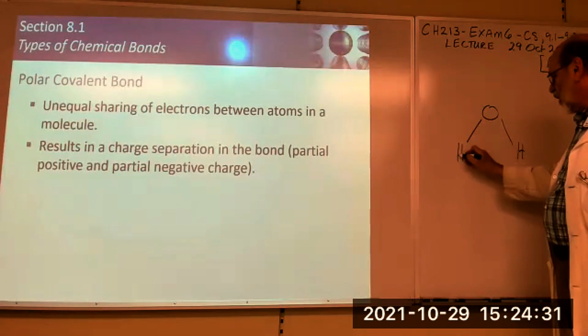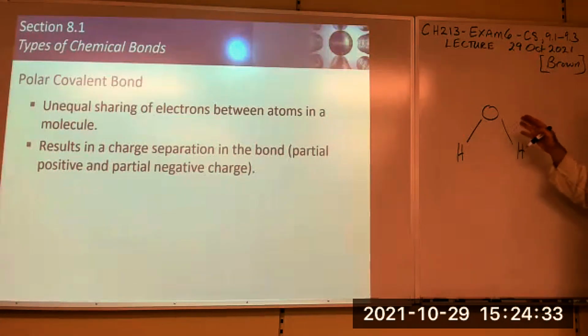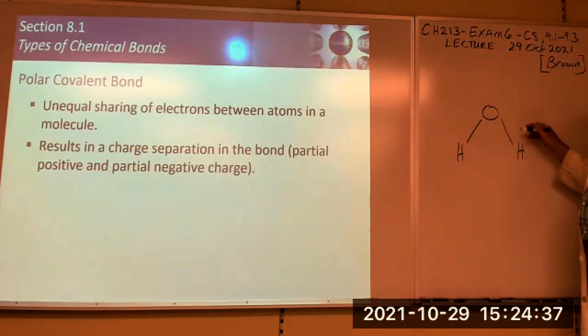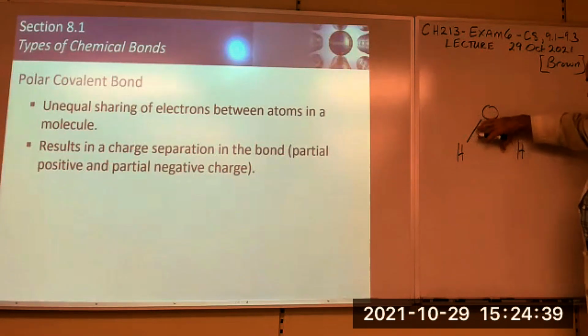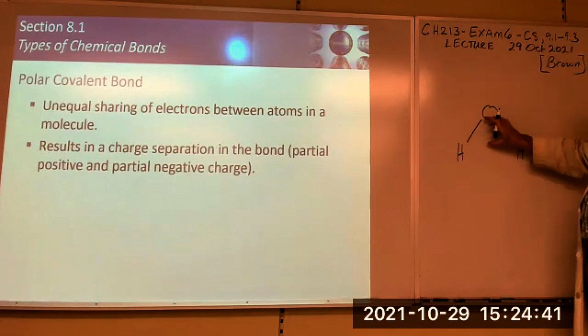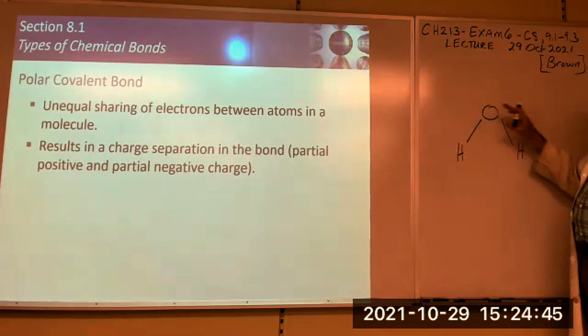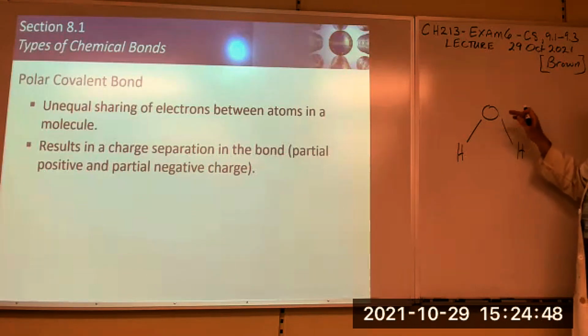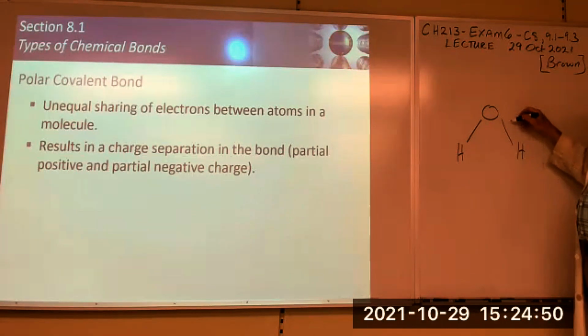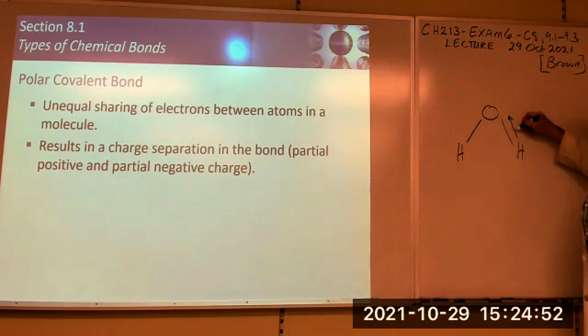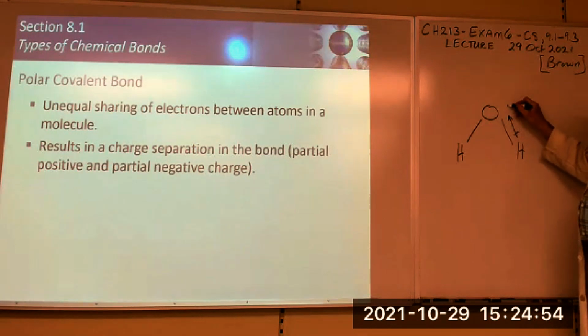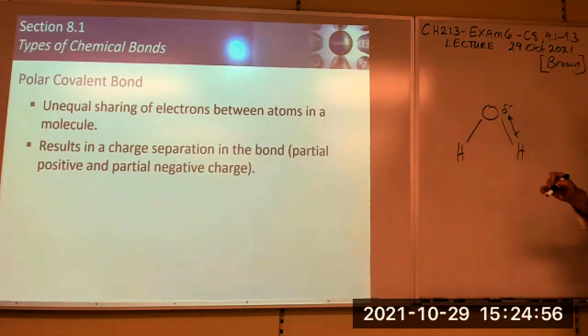So when we go back to the water molecule, oxygen is more strongly attractive for electrons. So the electron density along this bond, or in that area actually, is more concentrated around the oxygen. And that tends to give this side of the bond a slightly negative charge.